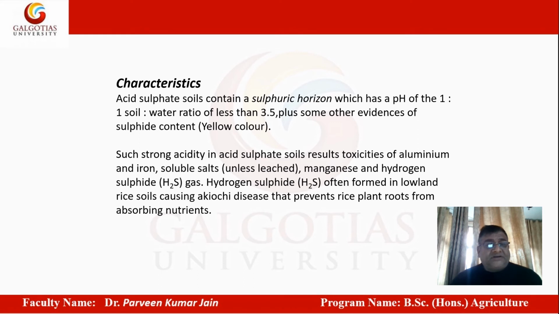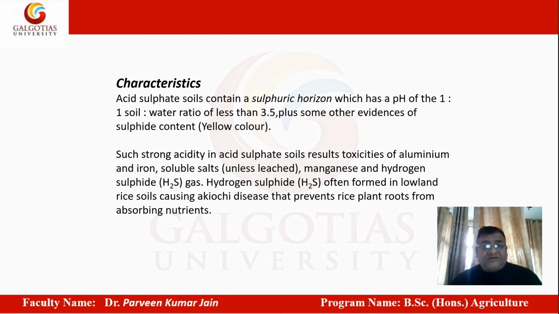The typical characteristics of acid sulfate soils are that they contain sulfuric horizons which have a pH of 1 to 1, with a soil and water ratio less than 3.5, plus some other evidence of sulfate content, and there is a yellowish coloring in that.